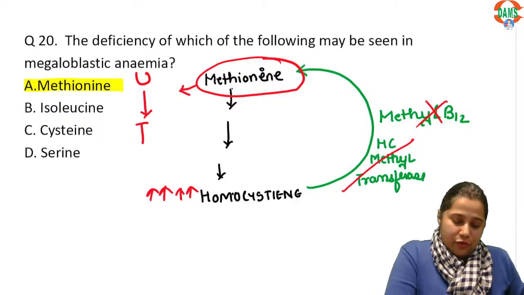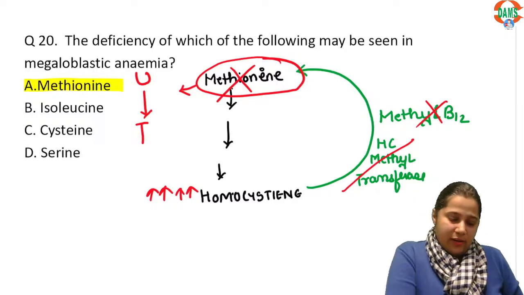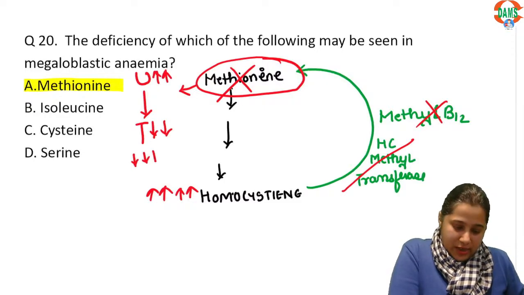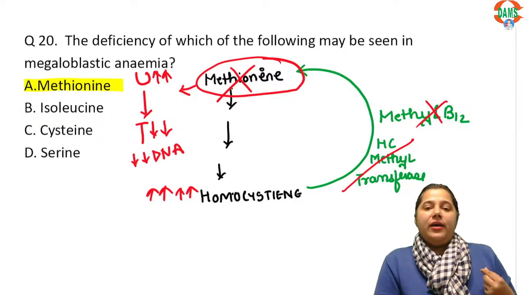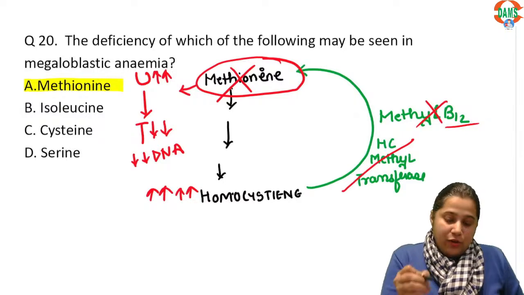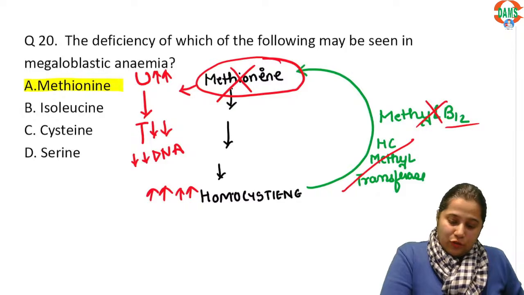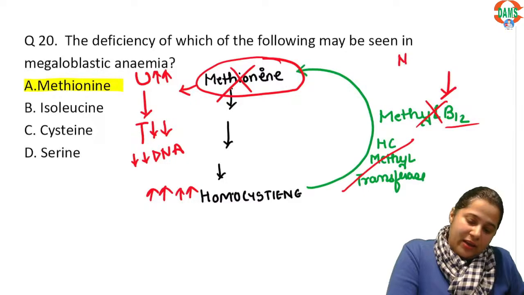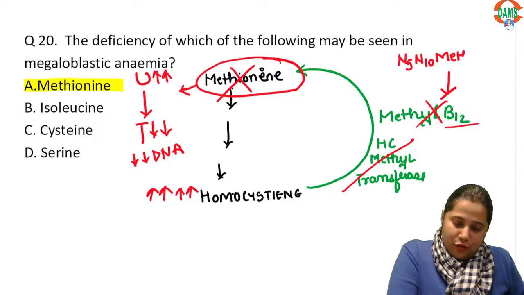Now let's say there is no methionine, that means no uracil to thymine conversion. Uracil will increase, thymine will be less. That means there will be less DNA, and because DNA synthesis is retarded, it will result in megaloblastic anemia. So yes, B12 deficiency results in megaloblastic anemia. Also note that this B12 got this methyl group from N5, N10 methylene tetrahydrofolate.